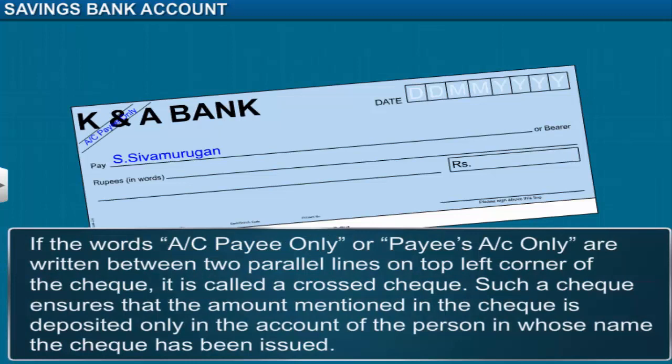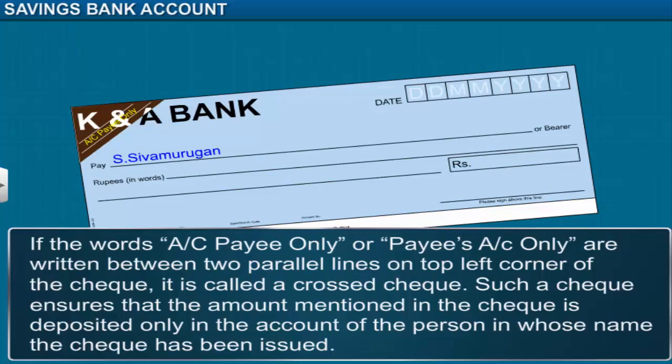If the words A/C payee or payee's account only are written between two parallel lines on the top left corner of the check, it is called a cross check.